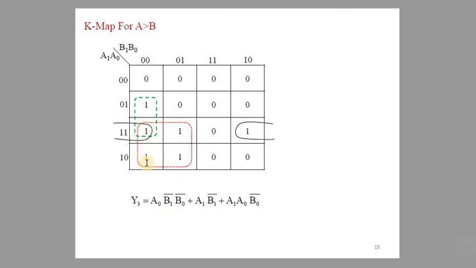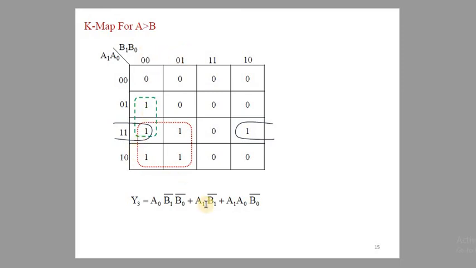The red marks indicate that this is our second group. When we see here 1 1 1 0, it means A1 is constant here, does not change, while A0 changes. Therefore it is considered as A1. Here A1 B1 bar is the value. Here also 0 0 0 1: the first bit is the same, while the second bit changes, meaning B0 changes.